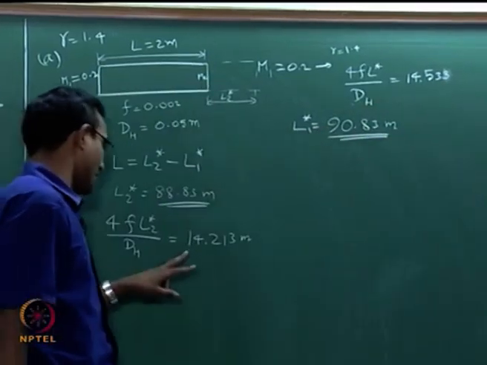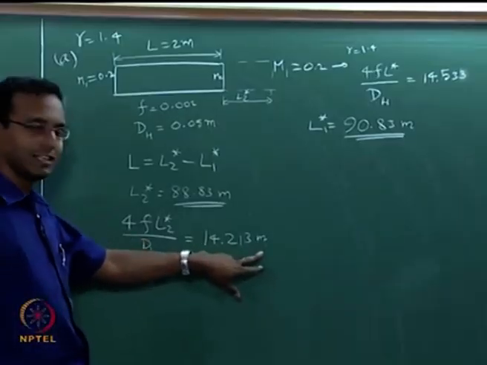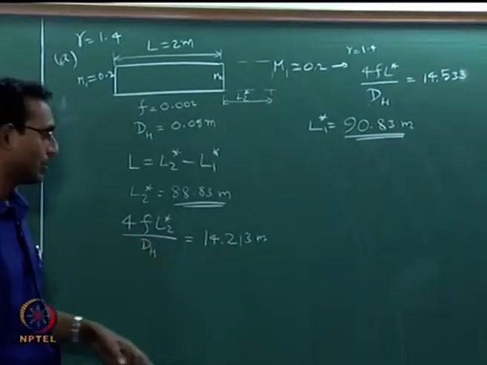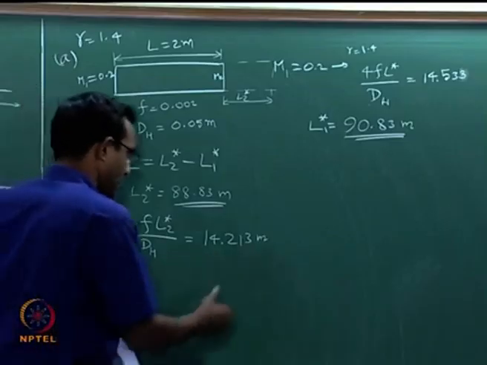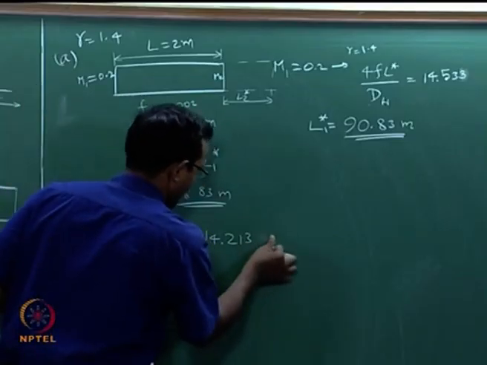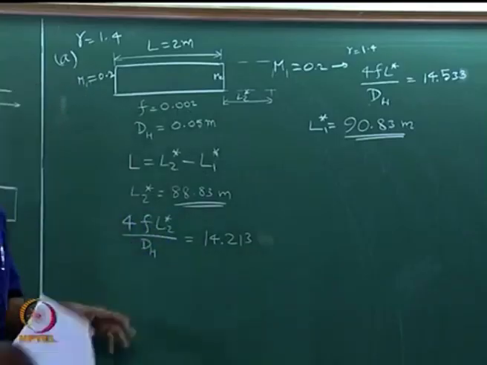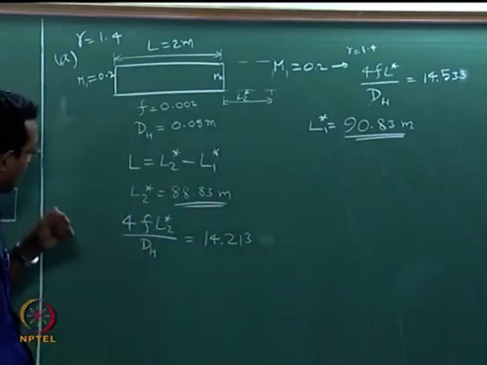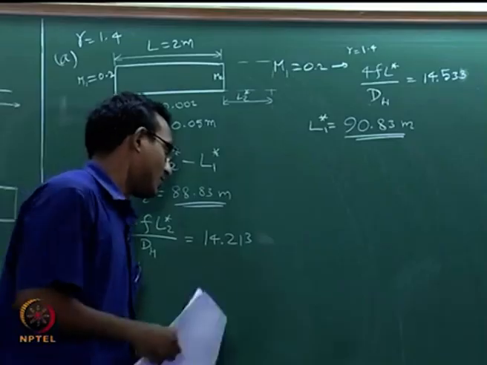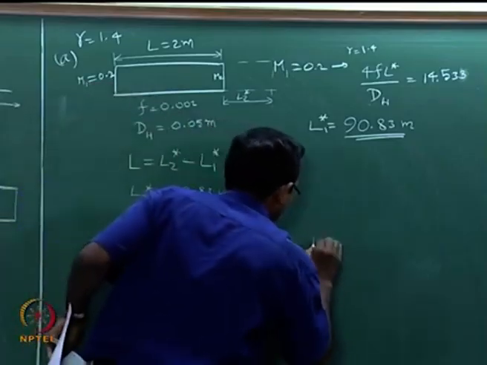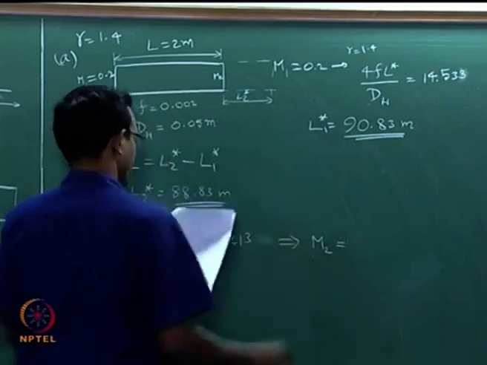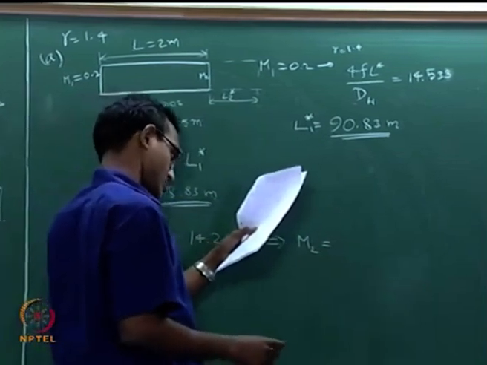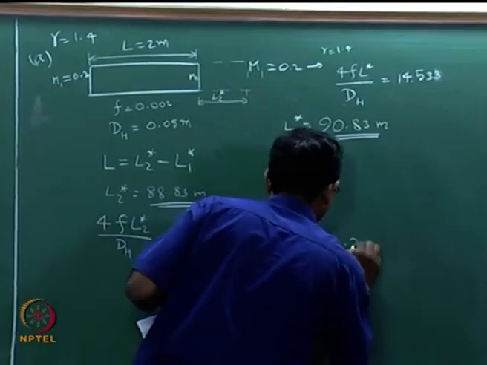From there it has become slightly lesser, that is, the Mach number increased a little bit. Here I should not be putting meters, sorry, no units, it is non-dimensional, L by D. So from here I am going to find my Mach number M2. This will give me an M2 of 0.208.